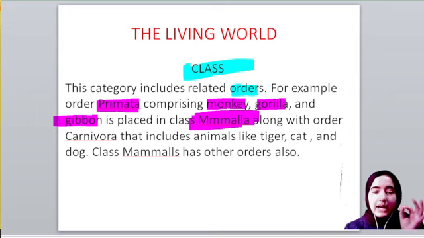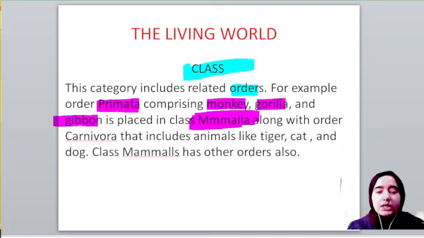We have order Primata, which includes monkey, gorilla, gibbon, and they are together placed in which class? In Mammalia. Along with it, order Carnivora, as I earlier mentioned, includes animals like tiger, cat and dogs. They also come under class Mammalia, okay.